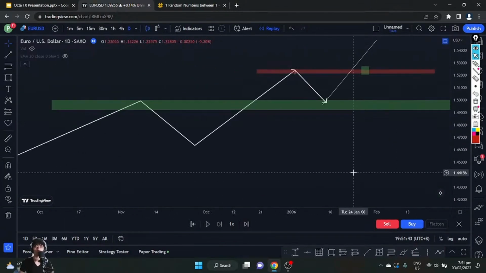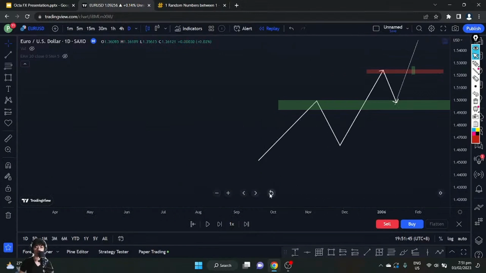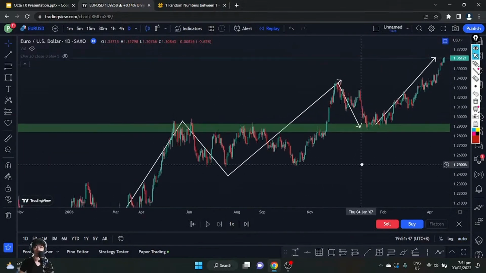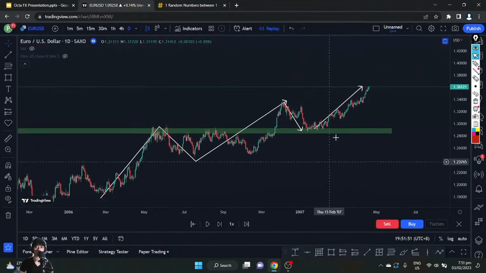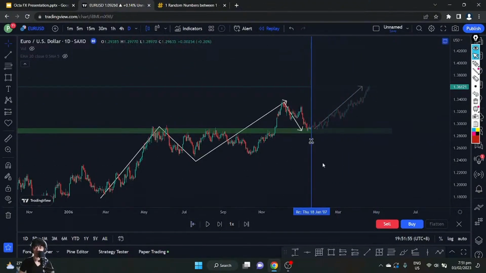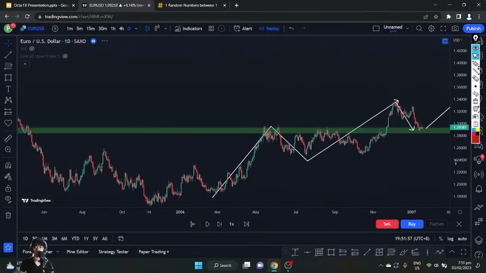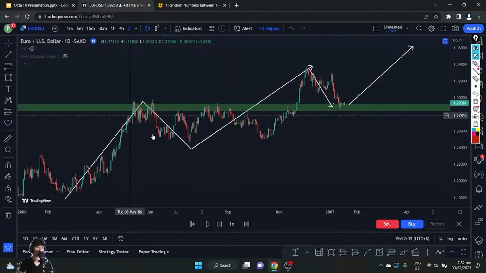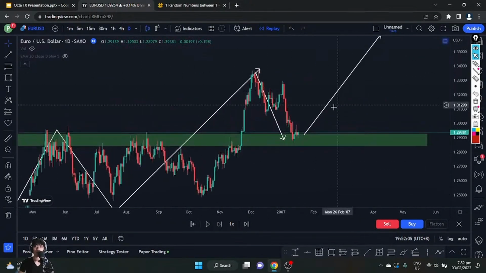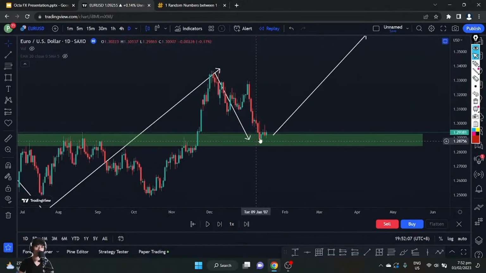So to see that on a live chart, let's go back to this 1, 2, 3 pattern. Going back, this is the 1, 2, 3 pattern, and we have our support zone right here, and we can see that the price pulled back into this level.